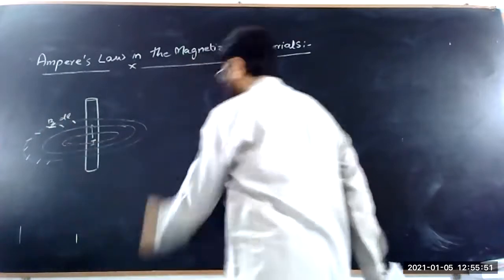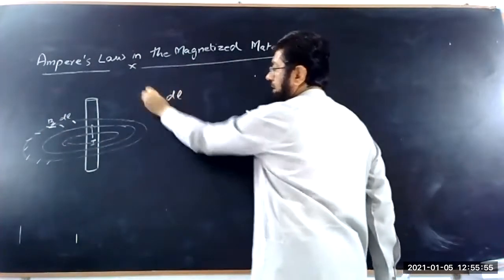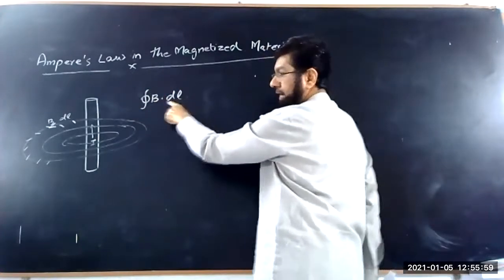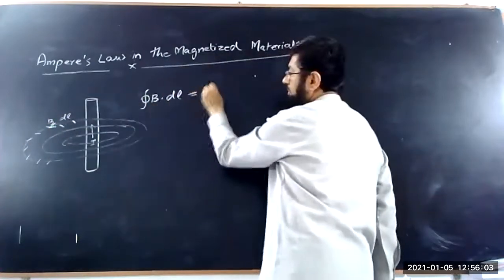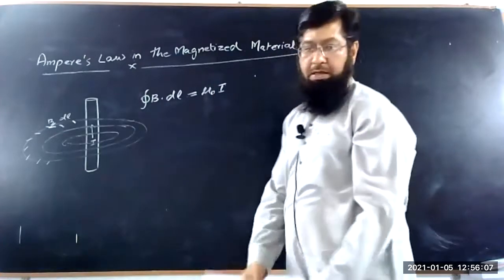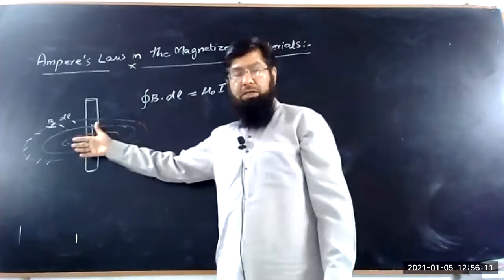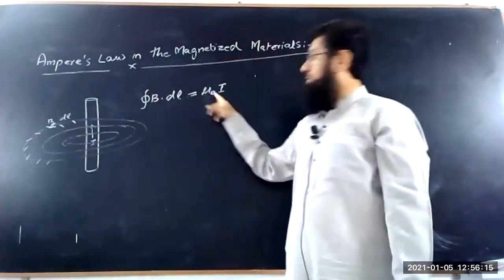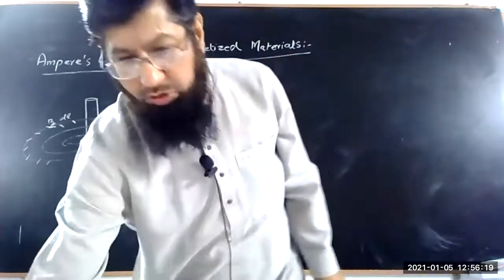So the line integral of B dot dl along the closed path is equal to mu naught times the current. This is Ampere's law. Ampere's law states that the line integral of the magnetic field around a closed path is equal to mu naught times the current enclosed by the closed path.